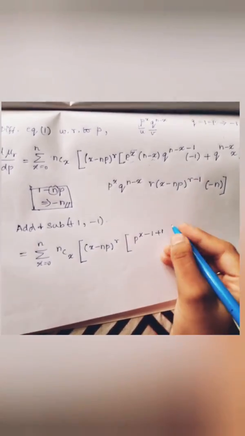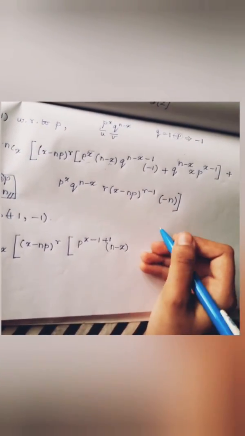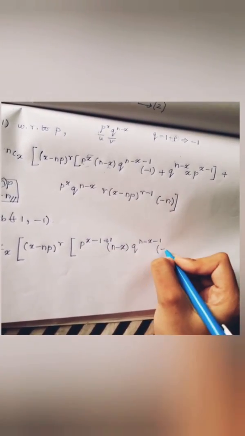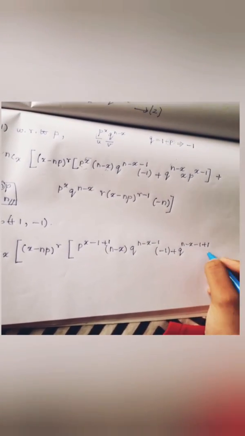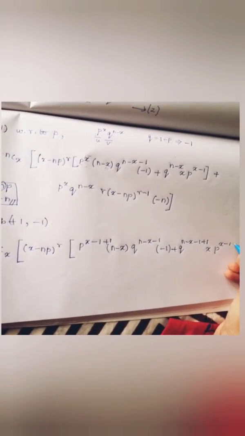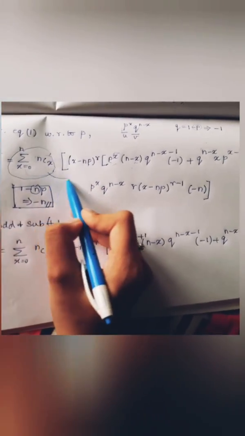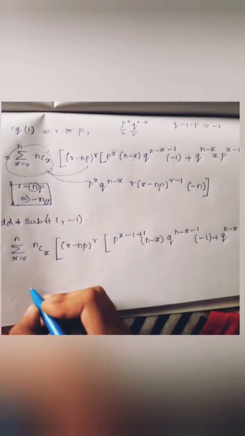Then n minus x we should write as it is, q power n minus x minus 1 as it is, then minus 1 as it is, plus we have to apply here plus 1 minus 1, then x into p power x minus 1, plus we have to get that inside, that is, multiply inside.